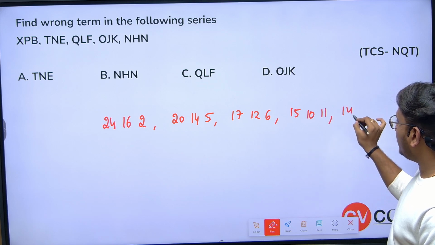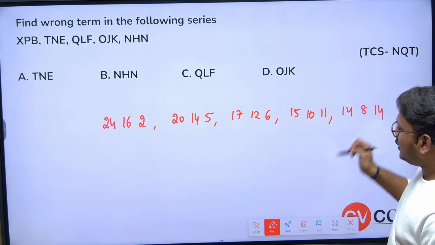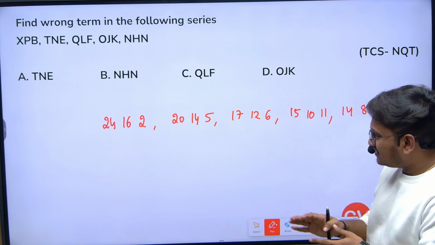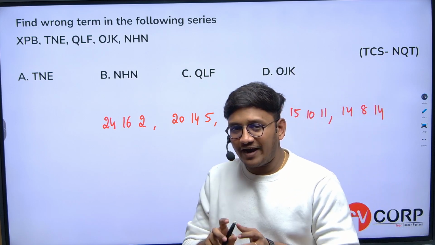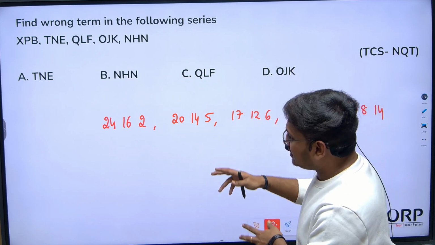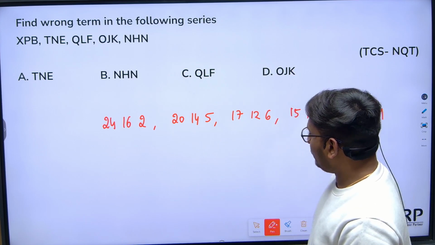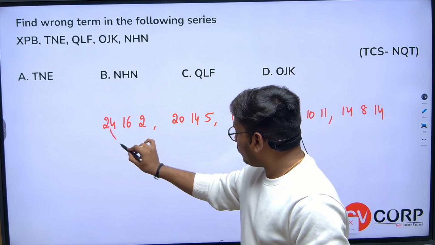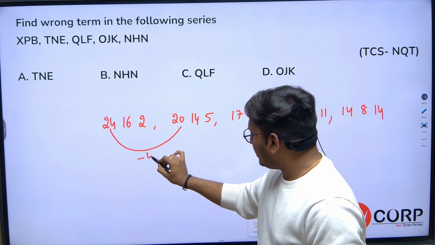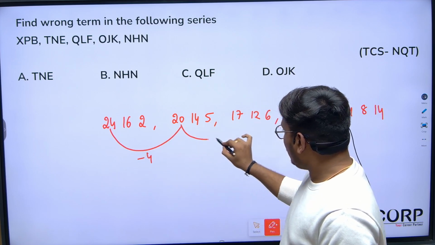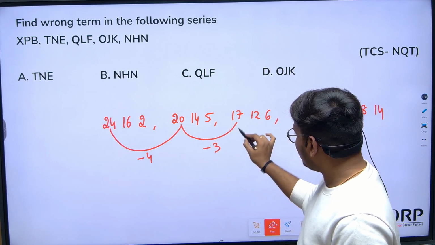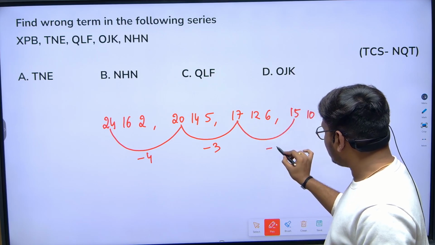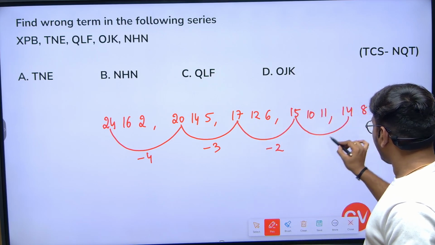Next 14, 8, 14. So out of all the series, is there any particular pattern? How to take that odd one out? How to find that wrong term in the given series? Let's observe the pattern. For all the first letters: 24 minus 4, 20 minus 3, 17 minus 2, 15 minus 1.